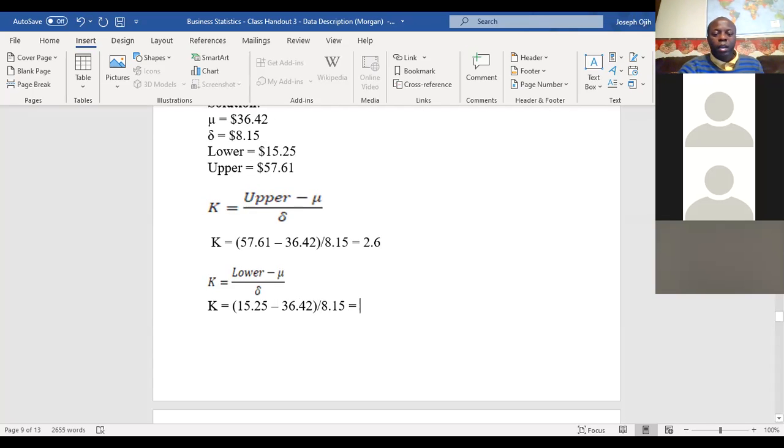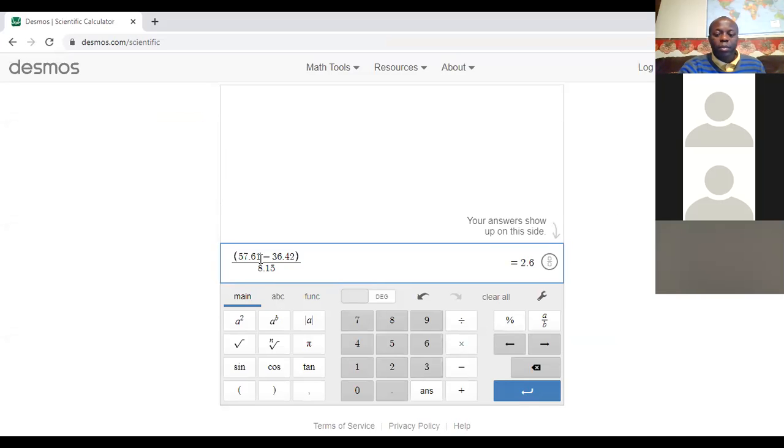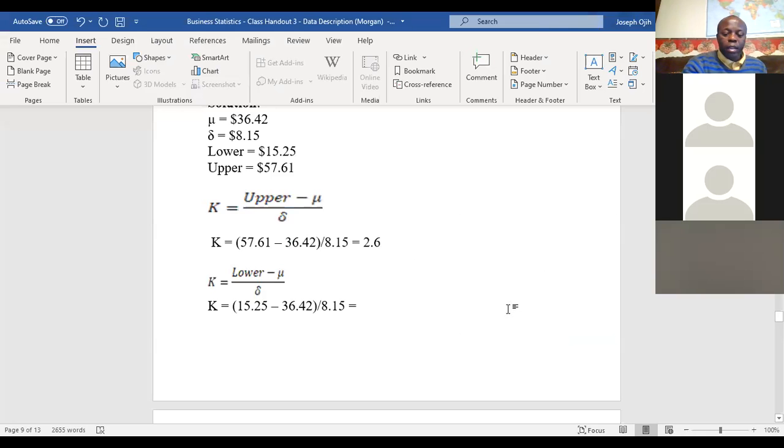So that we have this as a check. Remember, I'll take you to the decimals. So I put the lower end here, which is $15.25. See, it's giving negative 2.59, which is approximately negative 2.6. Remember, the negative sign here is just to show you that it is on the left side.